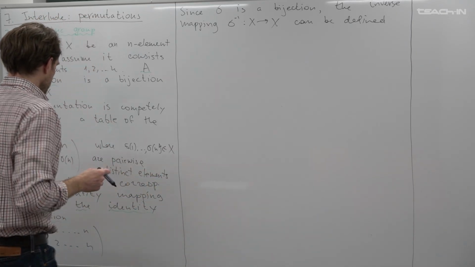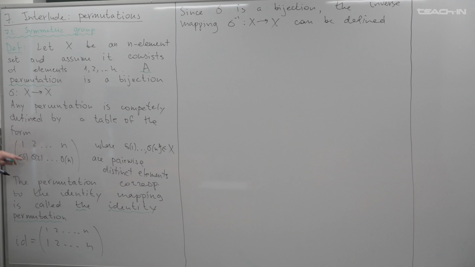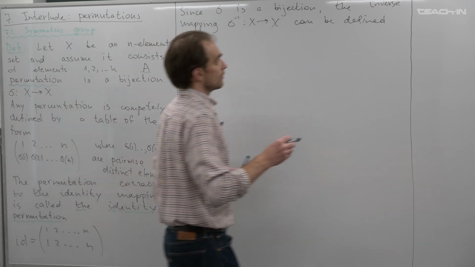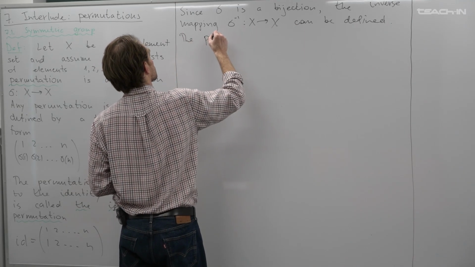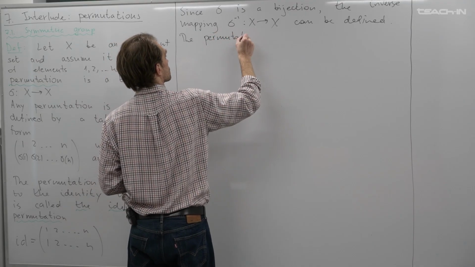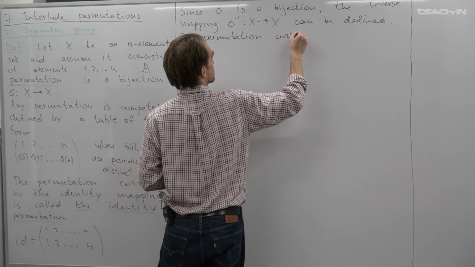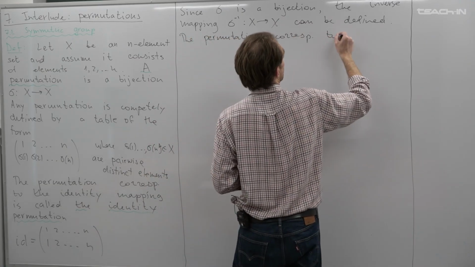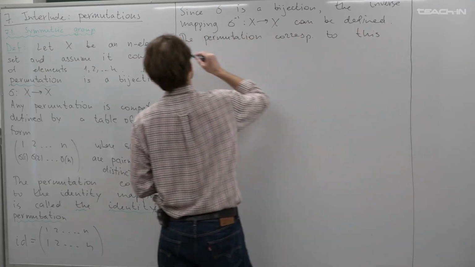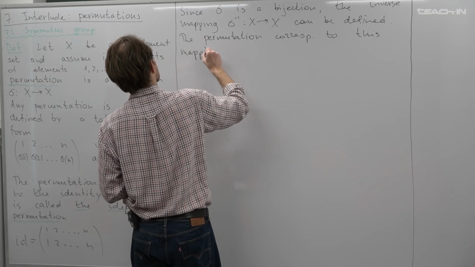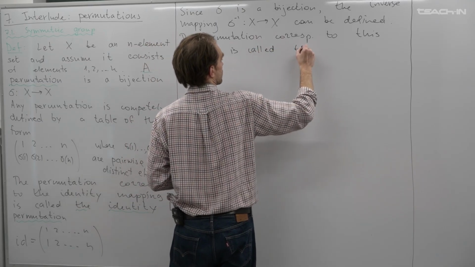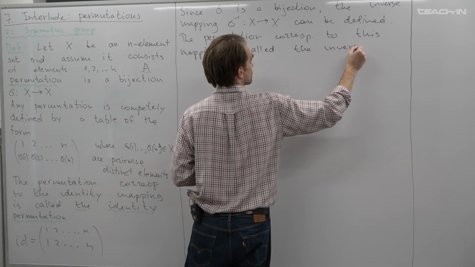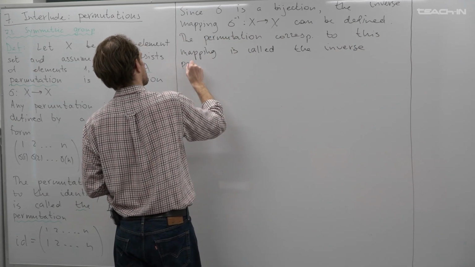So this is the mapping that maps the elements sigma of 1 to 1, sigma of 2 to 2, etc., sigma of n to n. So the permutation corresponding to this mapping is called the inverse permutation.